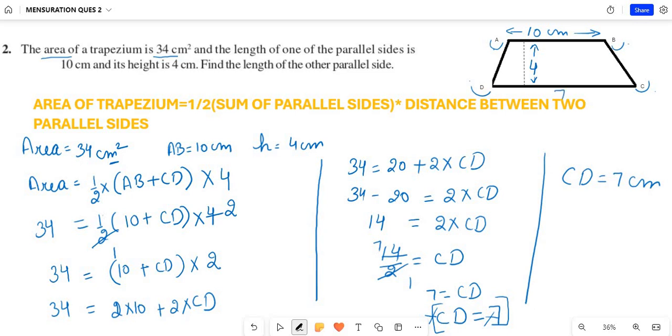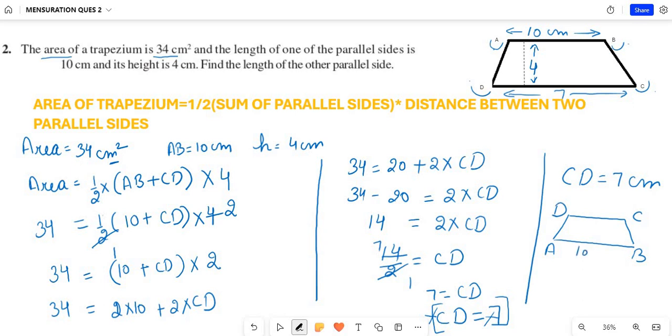Now you can observe that the smaller side is of 7 centimeter and the longer side is 10 centimeter. Since we were not aware about the answer, we have taken 10 here. So you can make the diagram now again. Now since AB is equal to 10, take AB, CD this way.